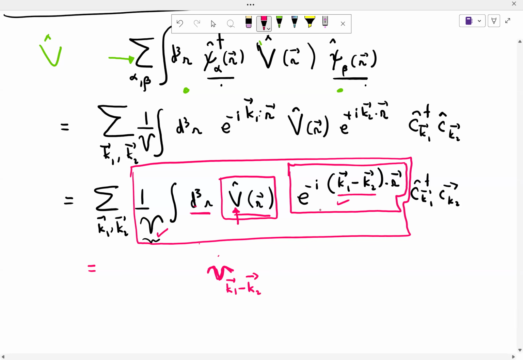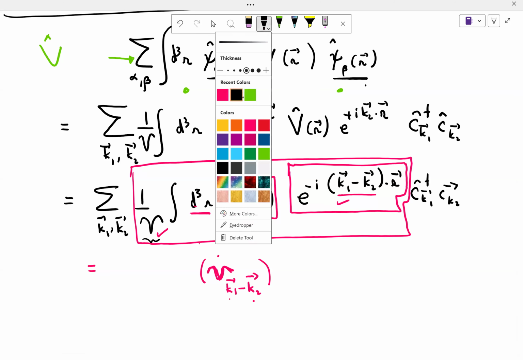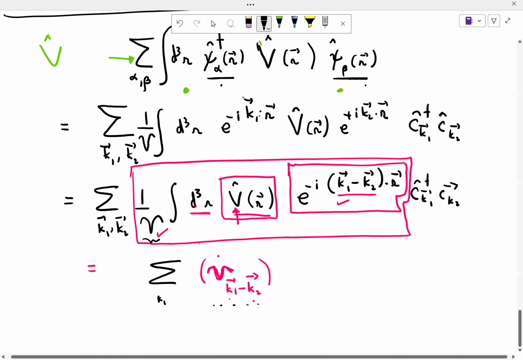So this is a Fourier term, right? It's a scalar. It's a Fourier coefficient evaluated at k1 minus k2. So all that I've written in red can be replaced by this Fourier coefficient. Sum over k1, k2, c k1 dagger c k2.